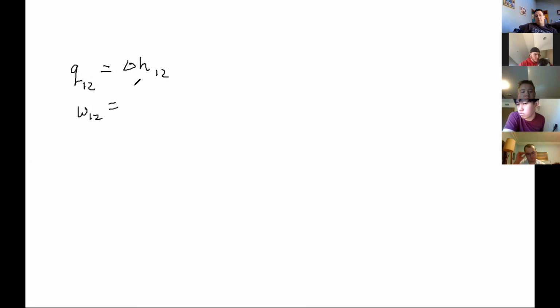So what we found, let's see here, the heat from 1 to 2, you could just write that as delta. The specific amount of heat would be delta H1,2. The work from 1 to 2 would then be the heat from 1 to 2, delta H1,2, minus delta U1,2.